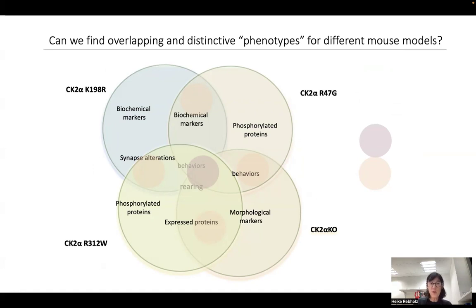And so, when we have 4 mouse models, we're really looking for that important sweet spot in the middle where we can find core mechanisms that can be targeted by drugs, by medicaments, by therapies, and that all the different models can benefit.